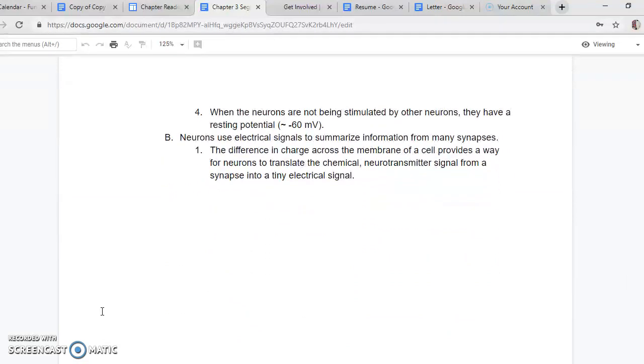So neurons use electrical signals to summarize information from any synapses, and the difference in charge across the membrane of a cell provides a way for neurons to translate the chemical neurotransmitter signal from a synapse into a tiny electrical signal. And that will be further covered in the following section, going further into how signals are actually transmitted across neurons.